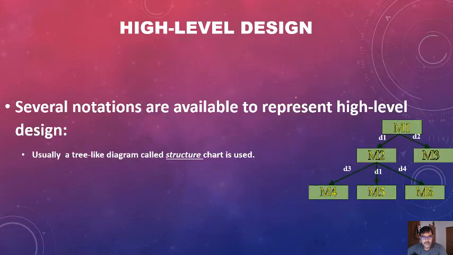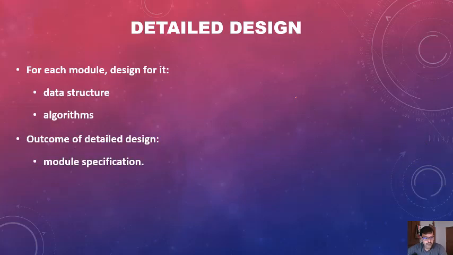Several notations are available to represent high-level design, but usually we use the tree-like diagram called the structure chart, which we have used here. After completing the high-level design, the detailed design is to be done.